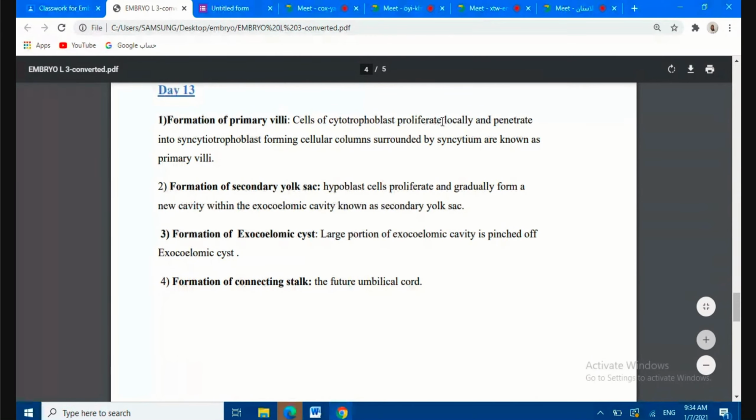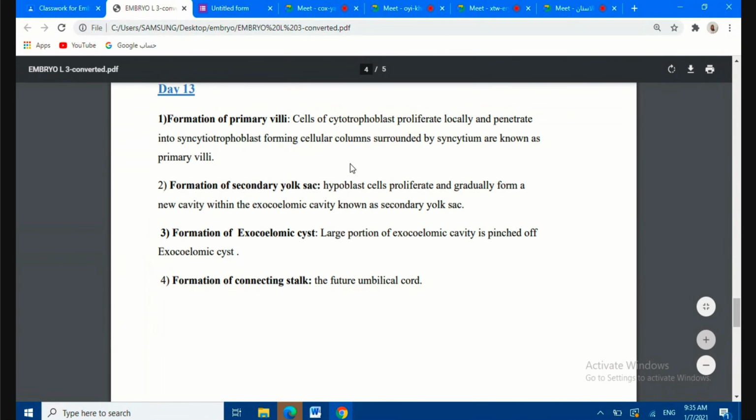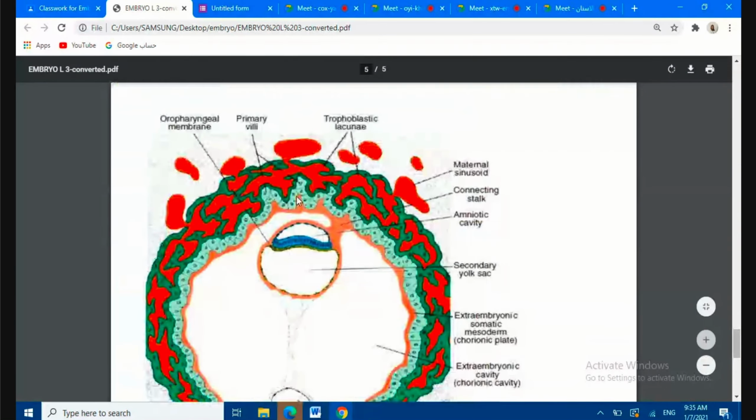أول مصطلح هو proliferation. شنو يعني proliferation؟ Proliferation is increasing in the cell size and number. Okay. And then whenever the cytotrophoblast، اللي هي هاي الخلايا تزيد في العدد والحجم، they will increase in the size and number, or let's say they will proliferate.